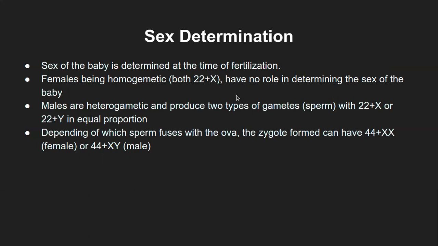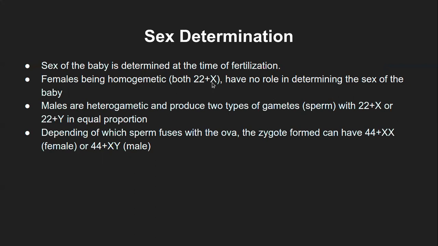Again, you might wonder that we have spoken of polar bodies and only one ovum and sperm. So I am counting everything as a gamete, including those polar bodies. Otherwise, you will have only one single gamete from the secondary oocyte. So 22 plus X in case of female and 22 plus X or Y in case of male, depending on which gametes fuse.